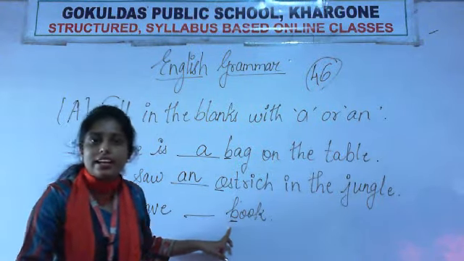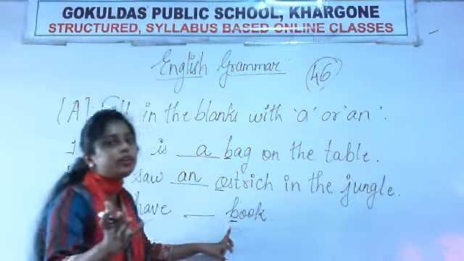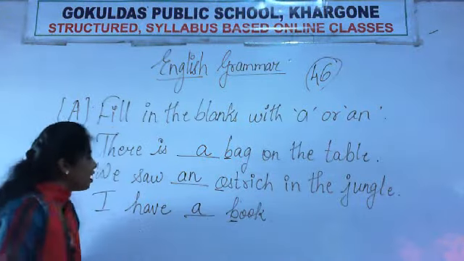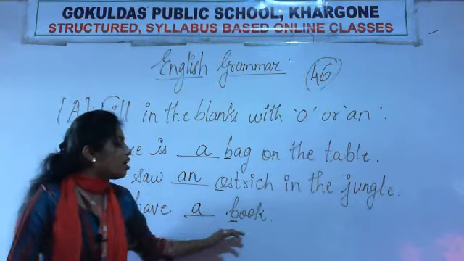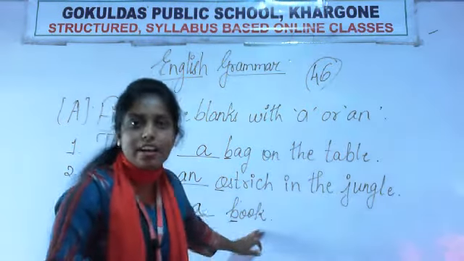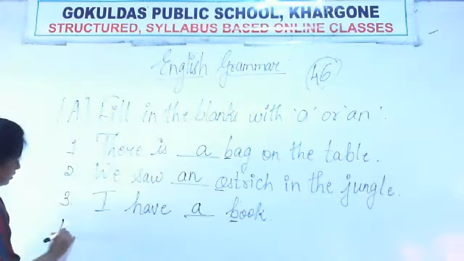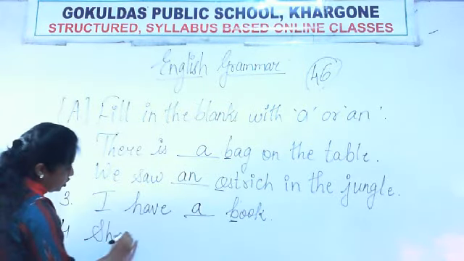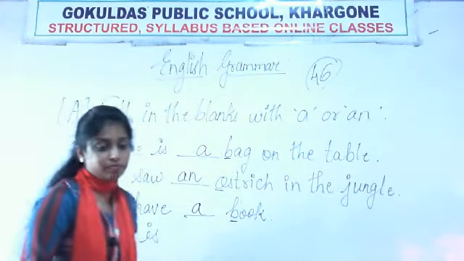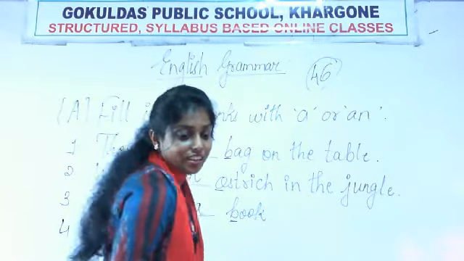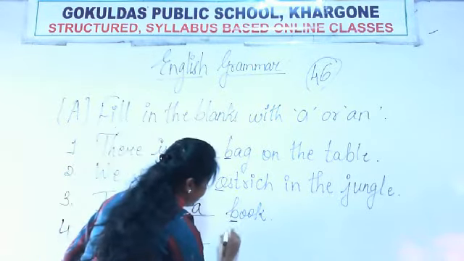It's a consonant, right? So with the consonants, what do we use? We use a. So now the sentence is I have a book. मेरे पास एक book है ना? आपके पास लिख रहा है ना उसमें? Fourth sentence. She is dash intelligent.